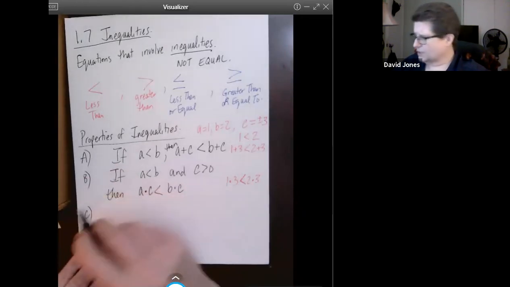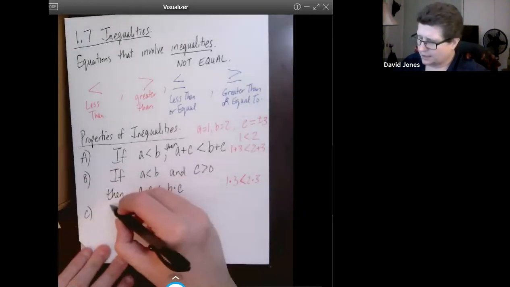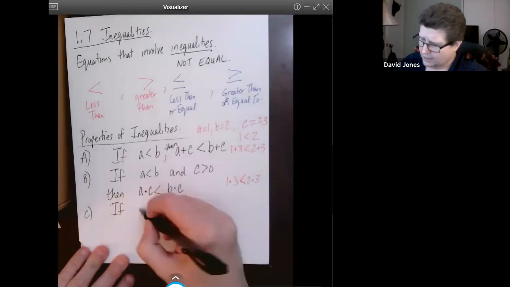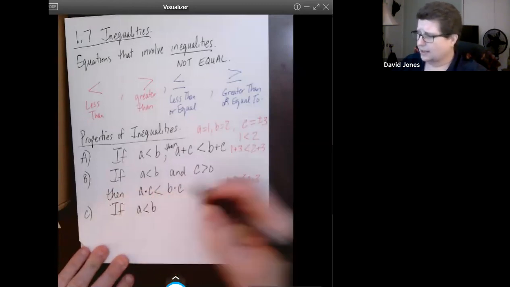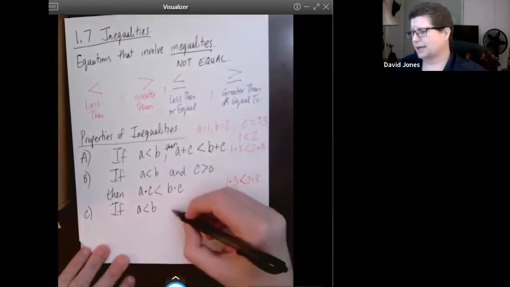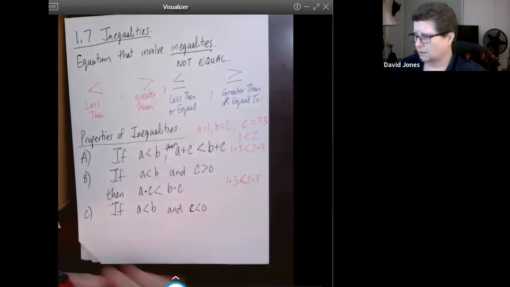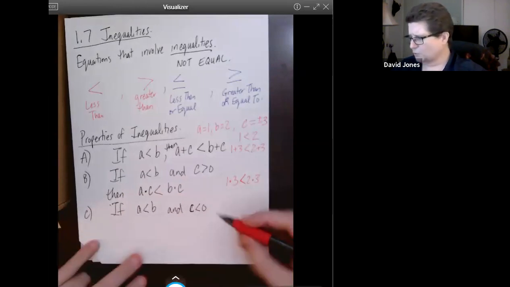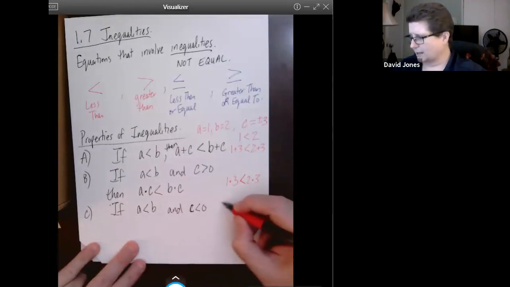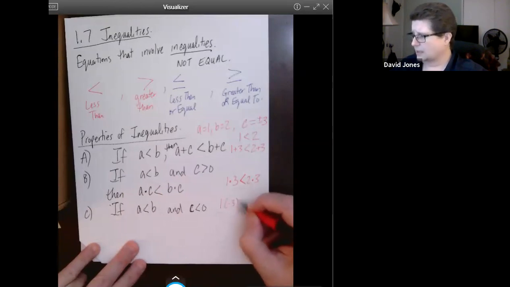And then the reason why I said C equals plus or minus 3, let's look at when C is negative. If A is less than B and C is less than 0, what happens if I do 1 times negative 3 and 2 times negative 3?